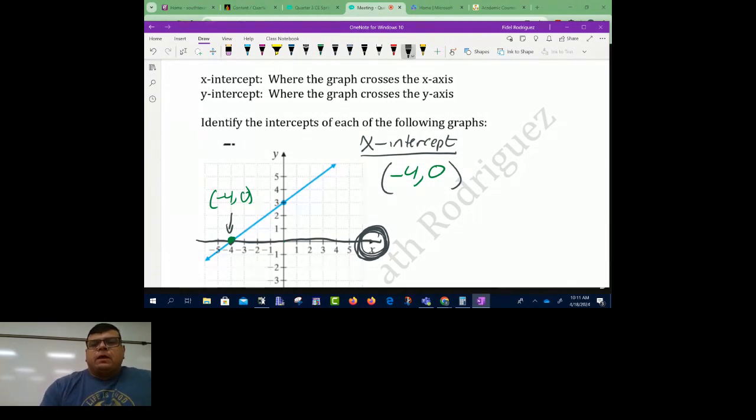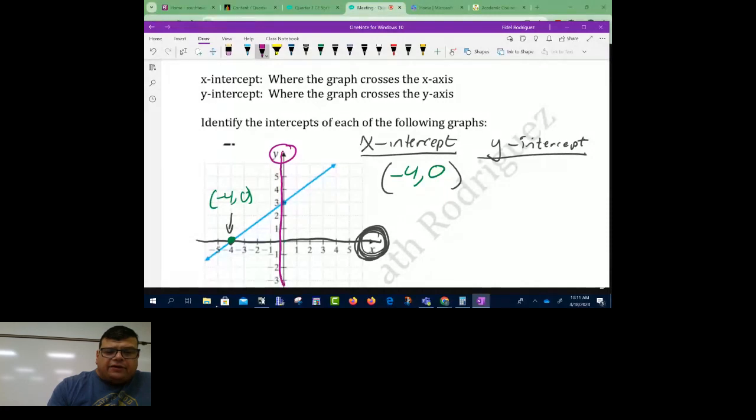Y'all, we have something else that we call the y-intercept. The y-intercept is where we hit the y-axis. So this line here is my y-axis, and I'm looking for that point.